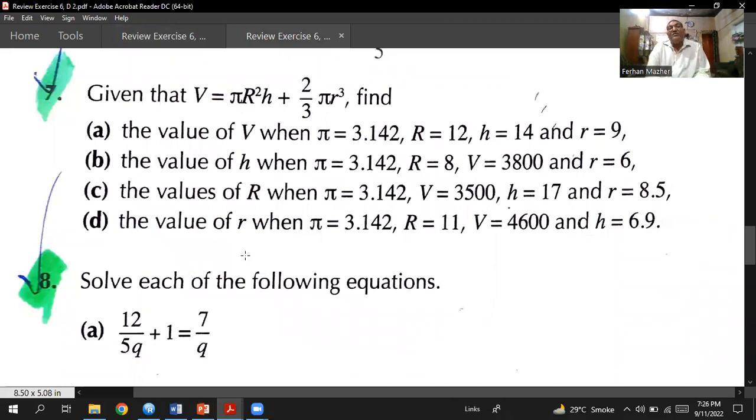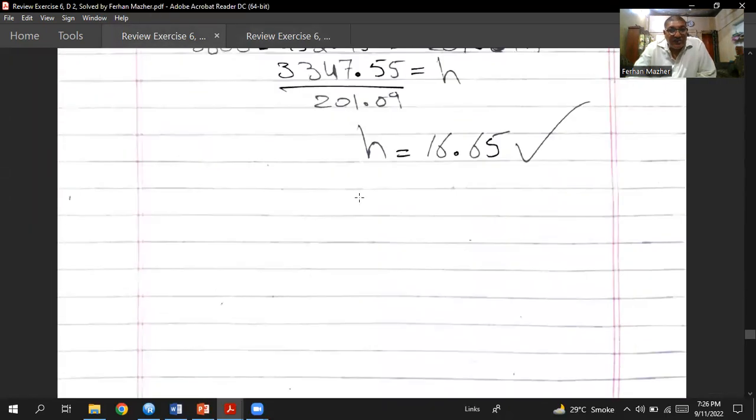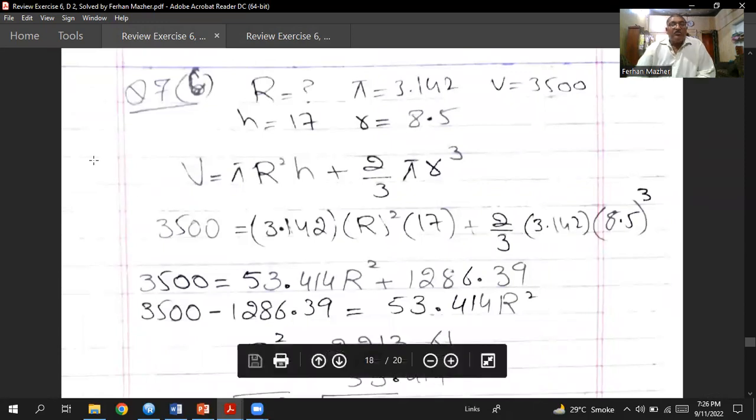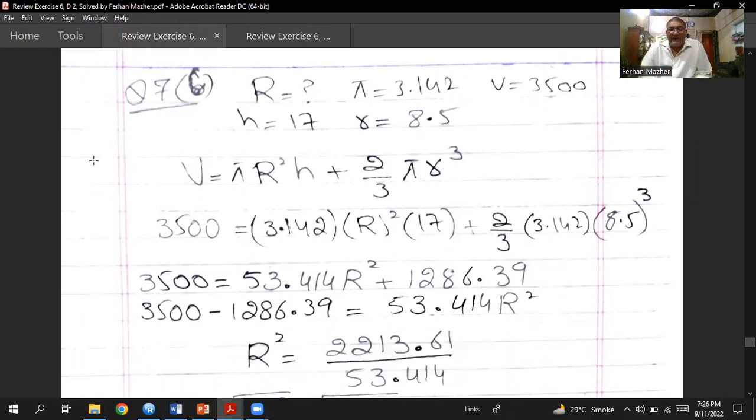It says find the value of capital R when pi is 3.142, V is 3500, H is 17, and r is 8.5. Okay, so I will try to find out this value. That's the C part coming up on your screen. So capital R is the question. So 3500 equals to 3.142 into capital R square into 17 plus 2 by 3 into 3.142 into 8.5 cube.